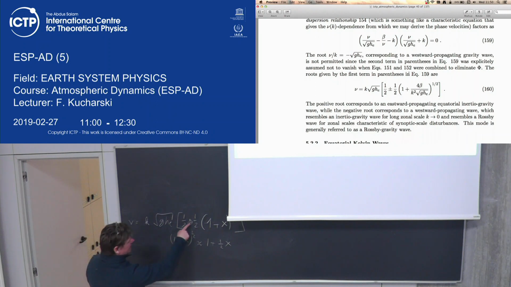So if that's the case, and we take the negative sign here, then the 1 goes out, this goes out with this, and what we get is nu equal to k square root of gh minus 1/4 of x times.